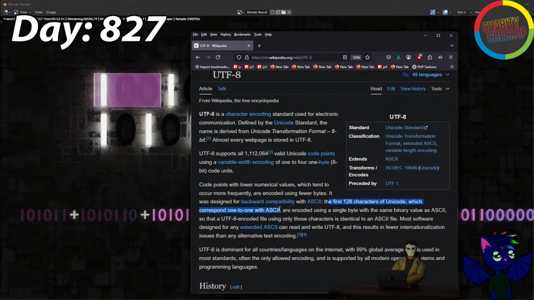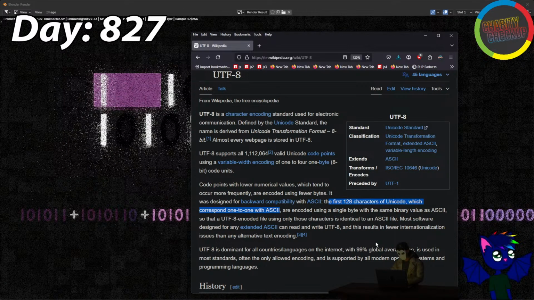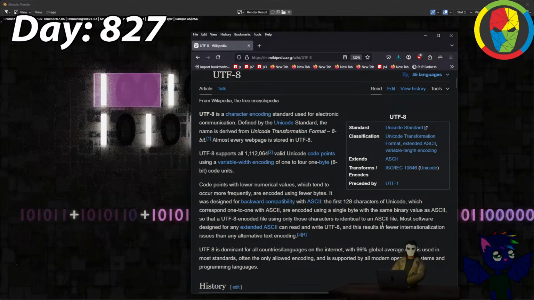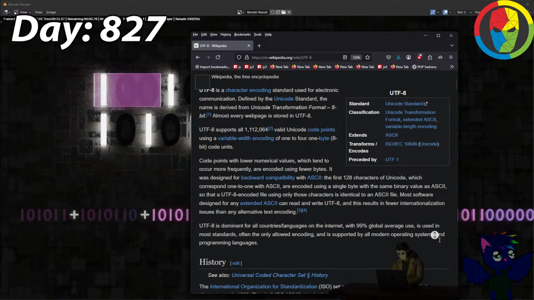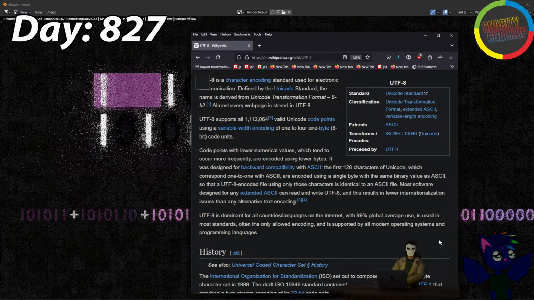Yeah, this is ASCII. Exactly, because it was backwards compatibility. I remember that. Most software designed for extended ASCII can read and write UTF-8. Same binary value, ASCII file.